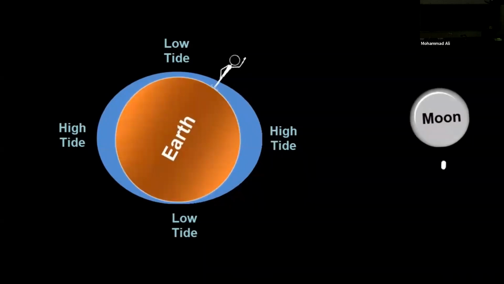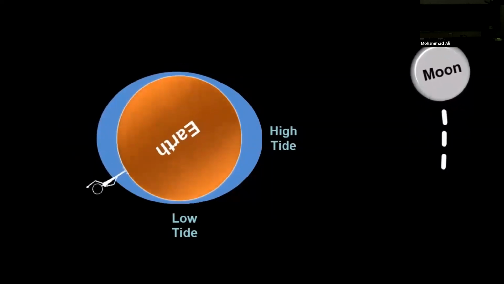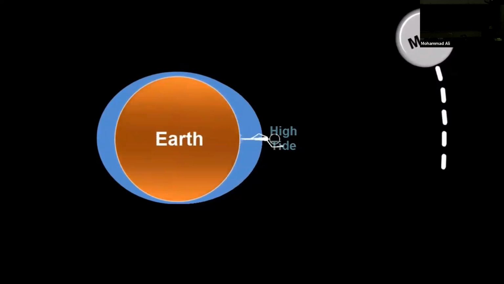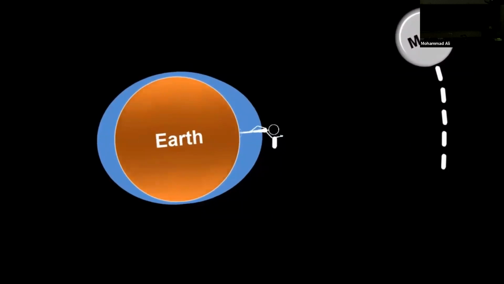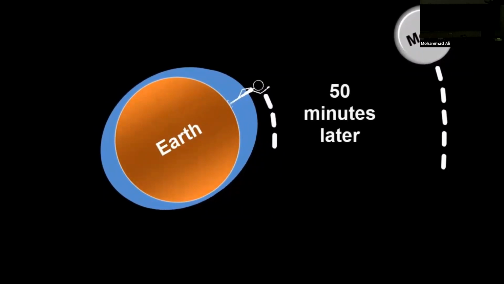By the time the Earth has rotated once and arrived back at its original position, the moon has moved on a bit because it's orbiting the Earth at the same time. That means that the Earth has to catch up with the moon, so the next day's high tide is about 50 minutes later.